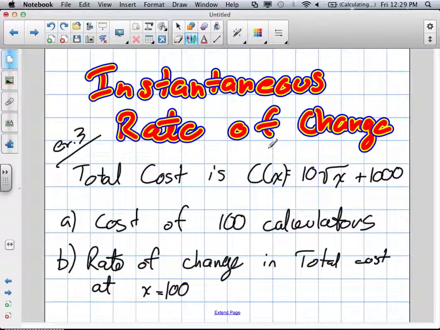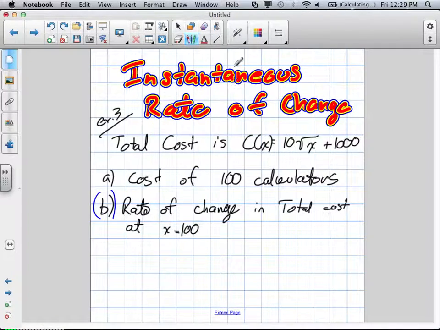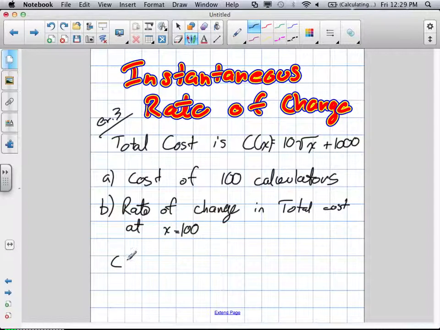We're going to solve that, and then we're going to relate it to the formula in B, so you can have an idea of what we're trying to talk about here. So the cost of 100 calculators. All they're asking us is literally to plug 100 into our formula. So we're looking at C at 100, which is equal to 10 times the root of 100 plus 1,000.